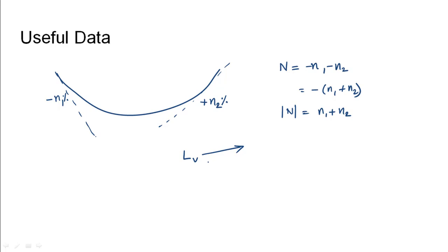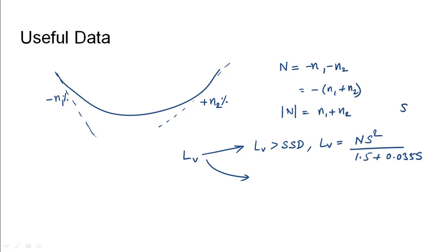by using two conditions. The first condition is when the length is greater than the stopping sight distance. In this case, the length of the valley curve is given as N S square divided by 1.5 plus 0.035 S. Here S is given as the stopping sight distance. Other case is when the length of valley curve is less than the stopping sight distance.